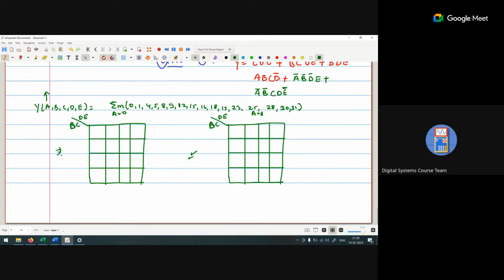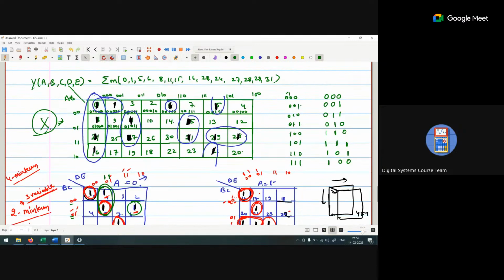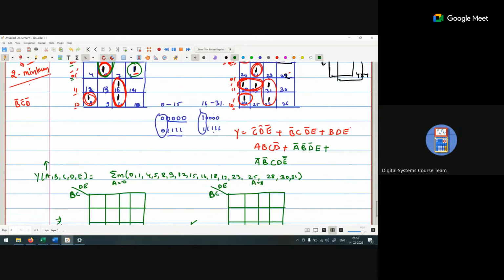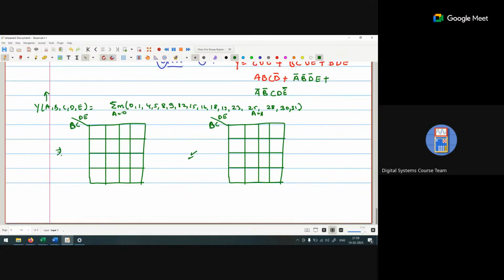I just tell you one way is that you can create a 4x8 matrix. First of all, you should be aware of how we convert binary numbers into gray code. You can write the gray code according to that, label it, and calculate the indexes. The better way is the 4x4 matrix.